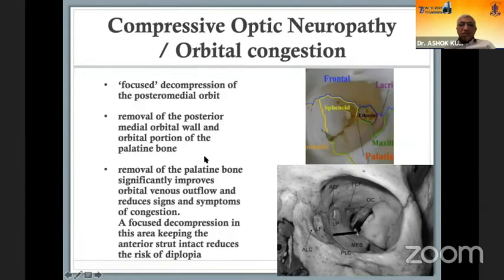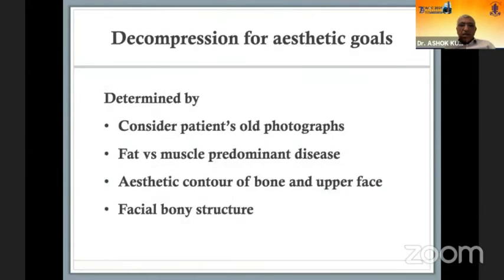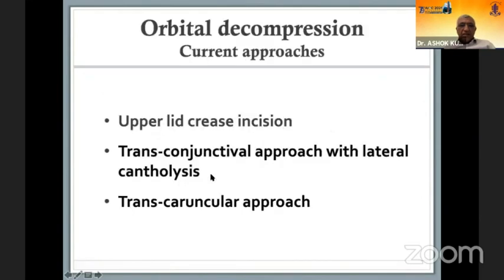Because unless you target them, you will not get a decompression of the optic nerve well. For aesthetic goals, you need to customize it well, considering patients' old photographs to see which bones need maximum alteration.